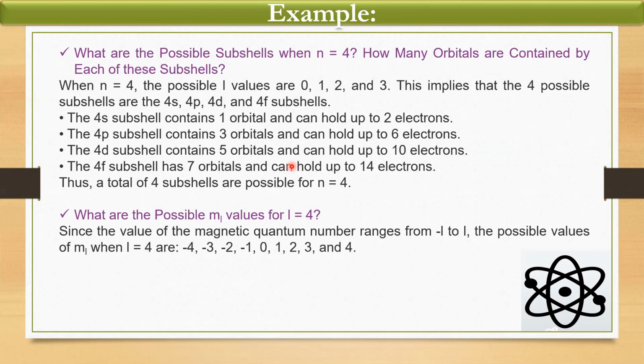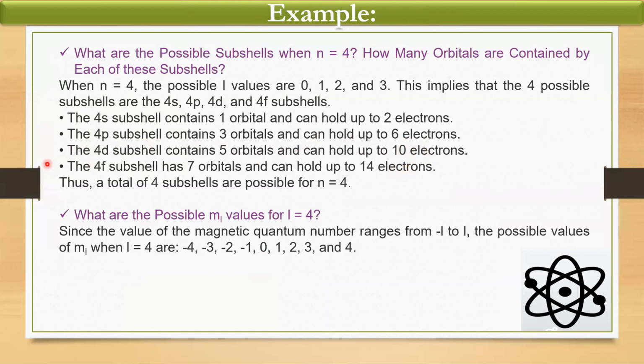But which s, p, d and f? As n is equal to 4, which is the principal quantum number, that determines which shell it is, that is the fourth shell. Hence, the 4s subshell contains one orbital and can hold up to 2 electrons, whereas 4p can hold up to 6, 4d 10 and 4f 14.